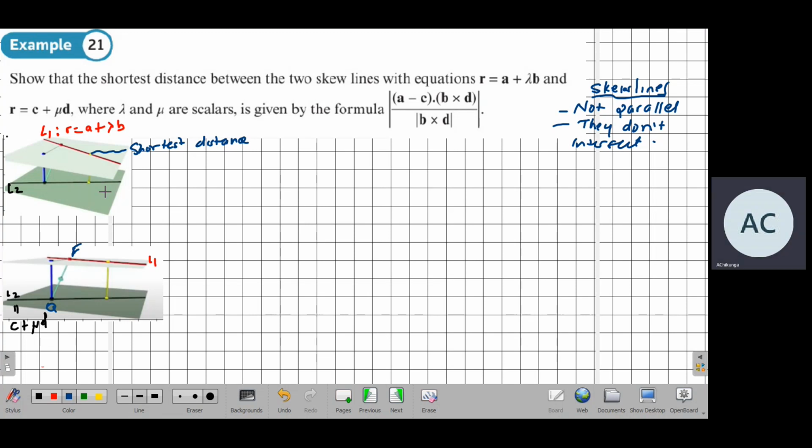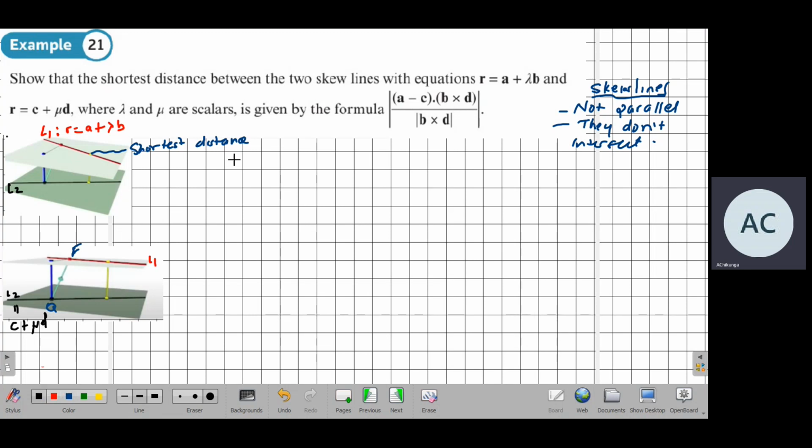In order to find the equation that represents this line, we can use the cross product, because this yellow line is perpendicular to line number 1, which is on the first plane, and perpendicular to line number 2, which is on the second plane.